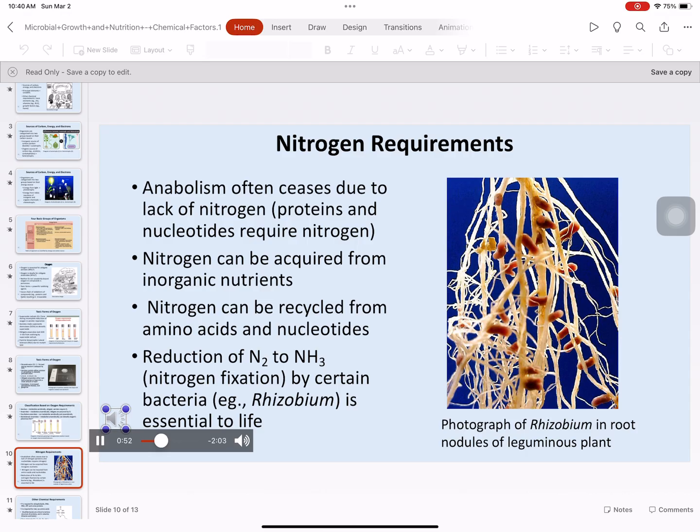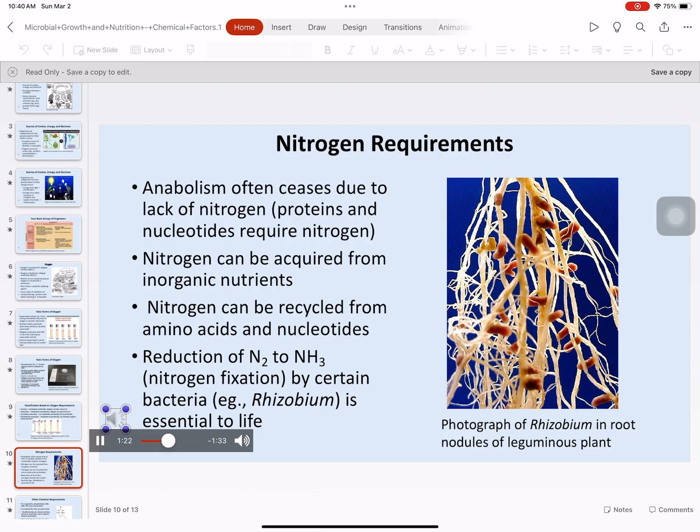Now, if one is a bacterium, then one can acquire nitrogen from inorganic nutrients. And looking at our figure, we have a photograph of Rhizobium bacteria growing in the root nodules of a leguminous plant, leguminous peas, beans.